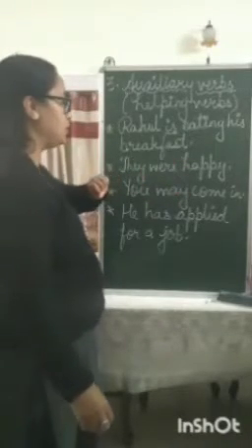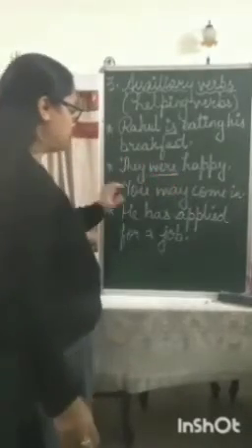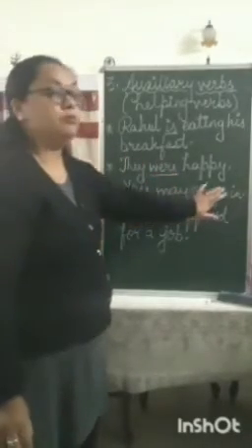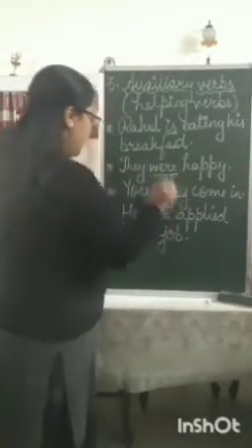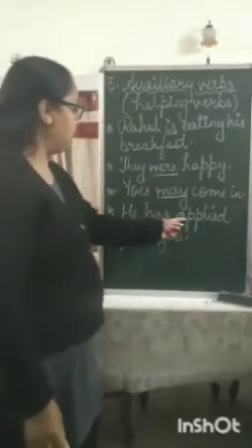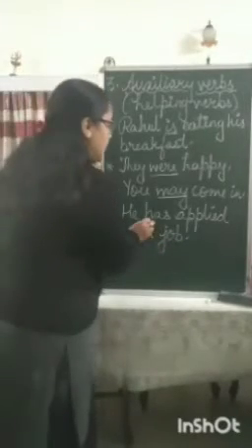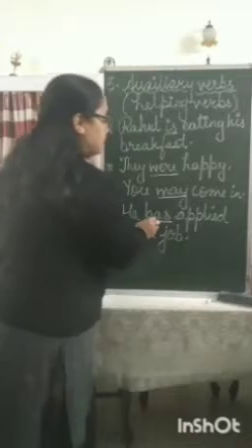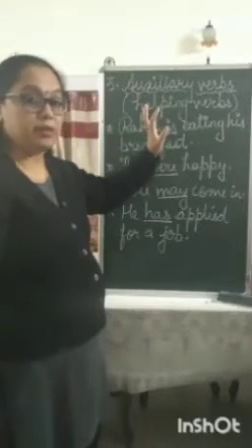What is the auxiliary verb or helping verb here? Were. Next, you may come in. What is the auxiliary verb here? May. And the last one, he has applied for a job. What is the helping verb here? Has.